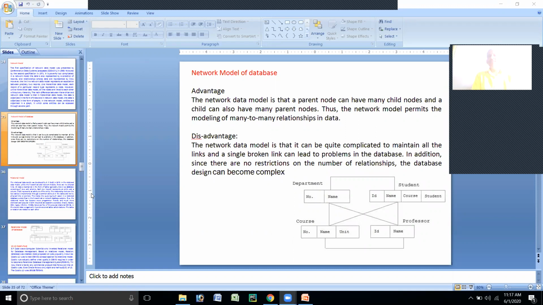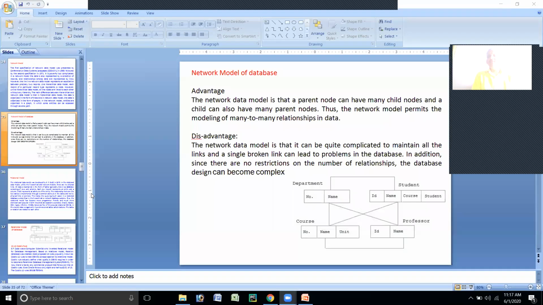We are studying a one-to-many relationship here. In the network data model, one parent may have any number of child nodes, and a child can also have many parent nodes.